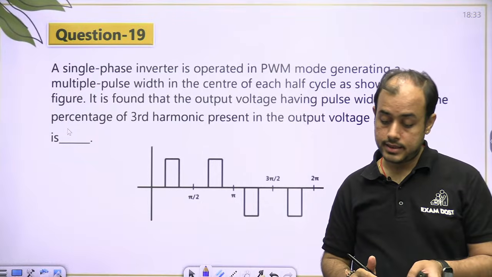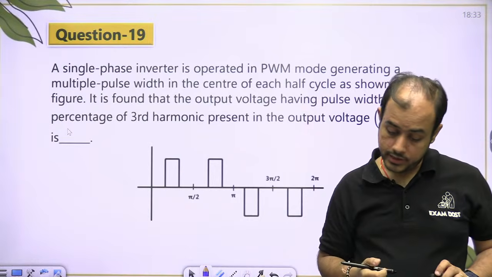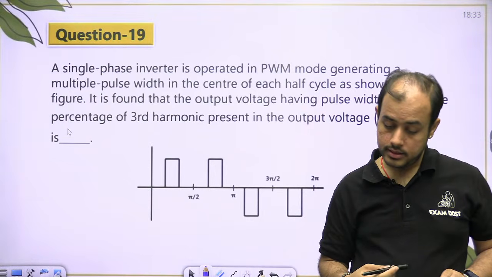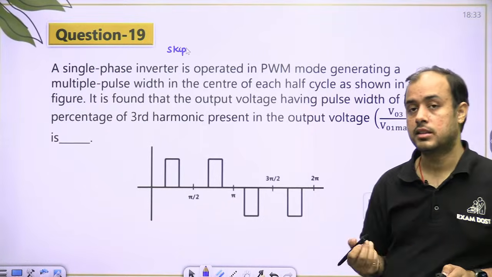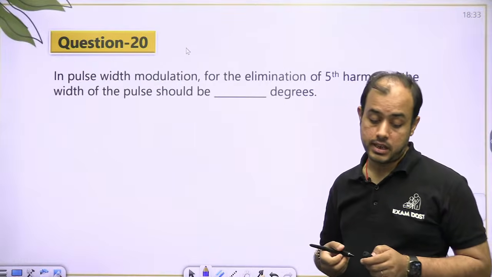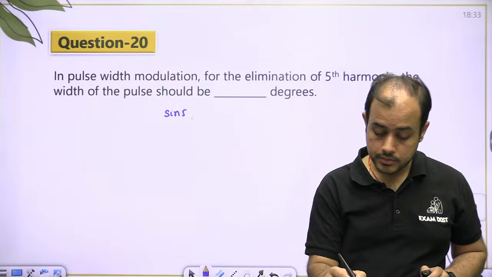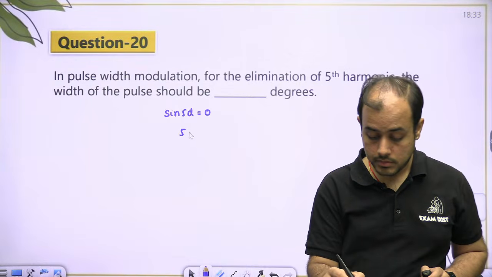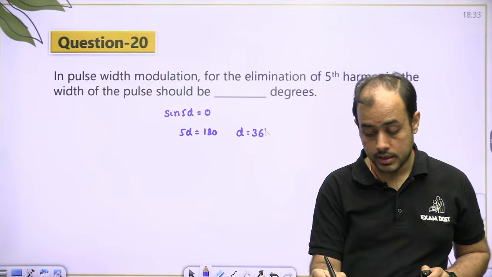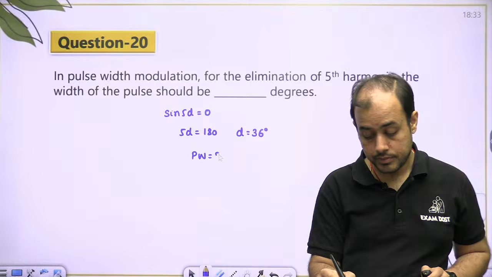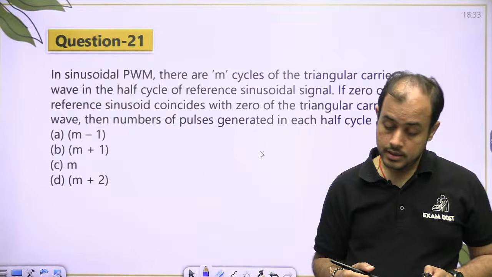Now beta, this is output voltage having percentage of third harmonic. Skip this one, multiple pulse modulation will take a lot of effort, the one I explained with 8 VS by N pi. Fifth harmonic has to be eliminated, alpha will be 36, 72 degree.